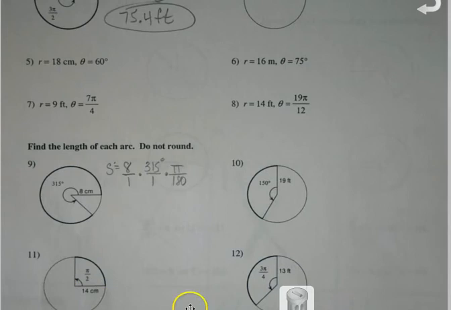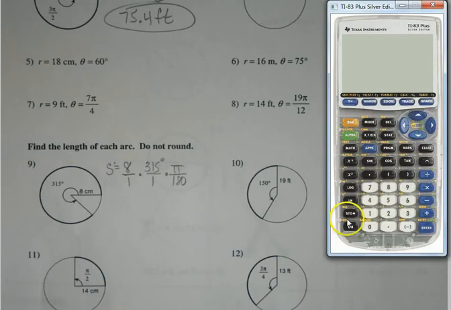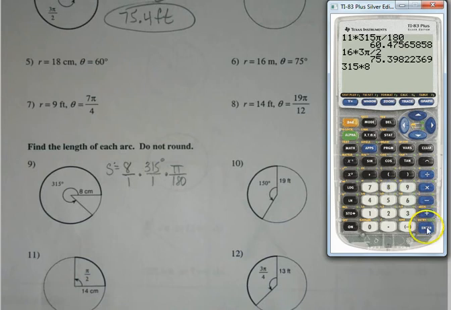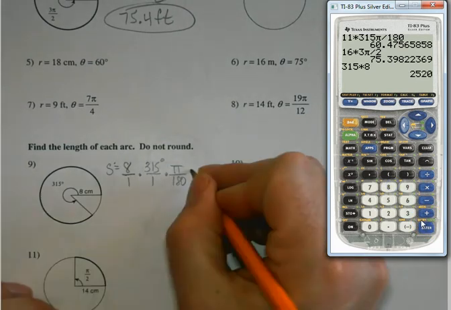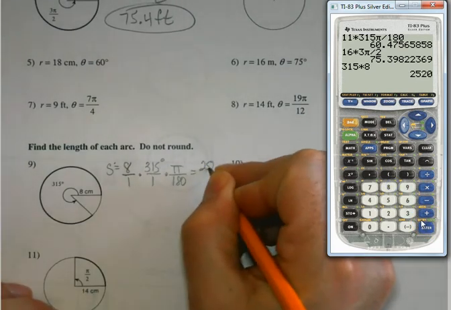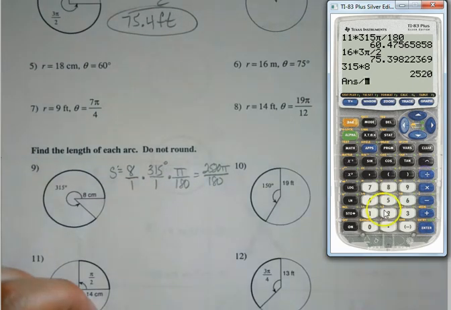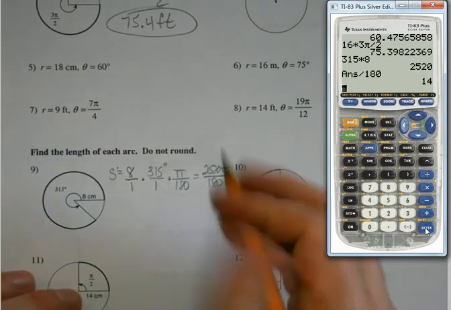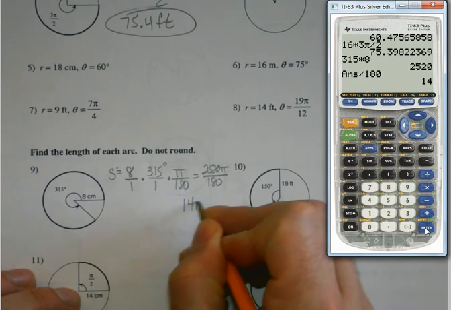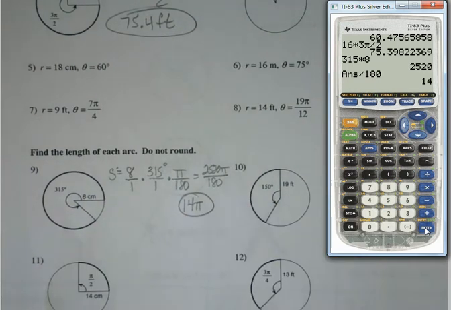So 315 times 8 would be 2,520 pi over 180, but I believe that reduces, oh yeah, 14 pi.